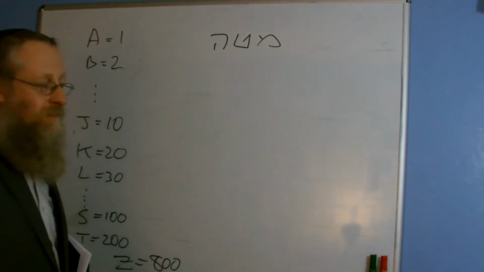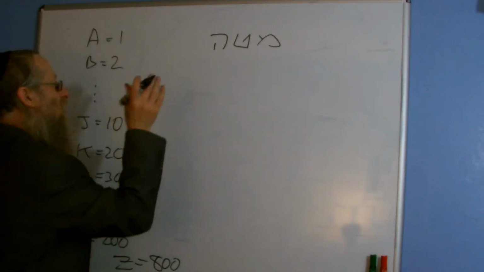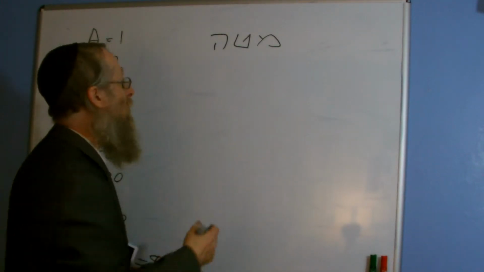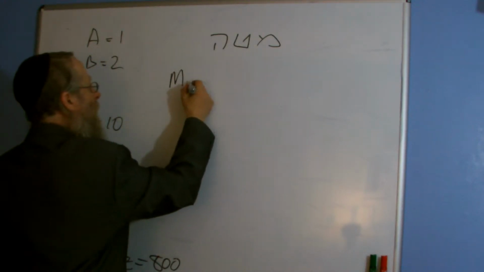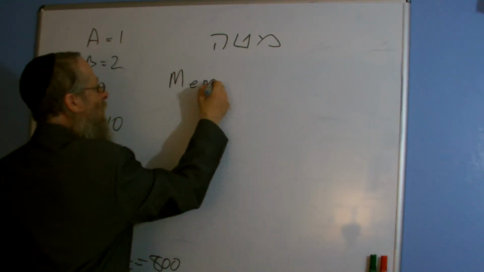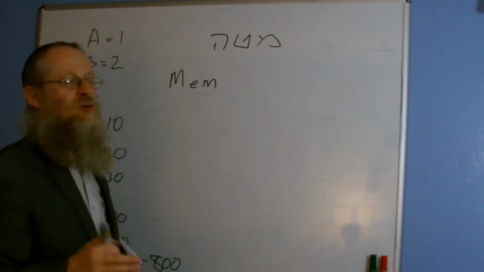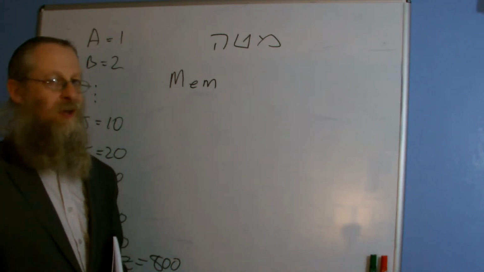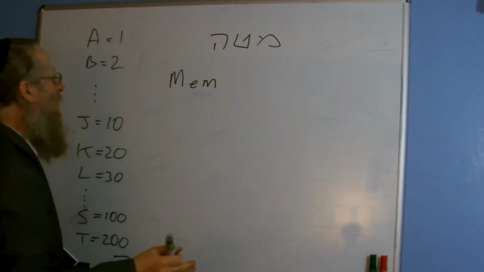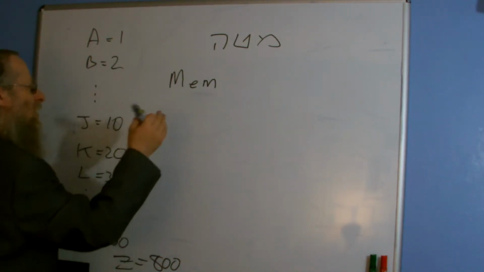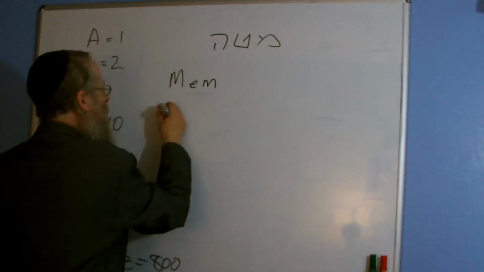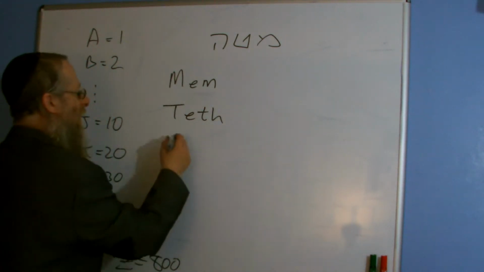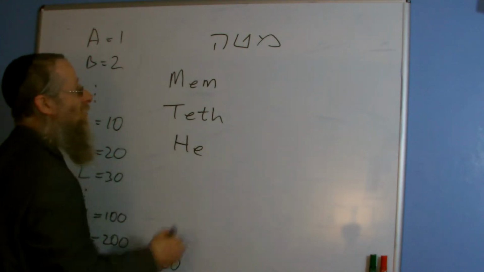If I take those letters and I write what the names are in English, so we have a mem, and I'm using the traditional classical Hebrew grammar books, something like Weingreen, which I studied years ago, and the way they spell the letters. Tet is spelled T-E-T-H, teth, and hey is spelled H-E.